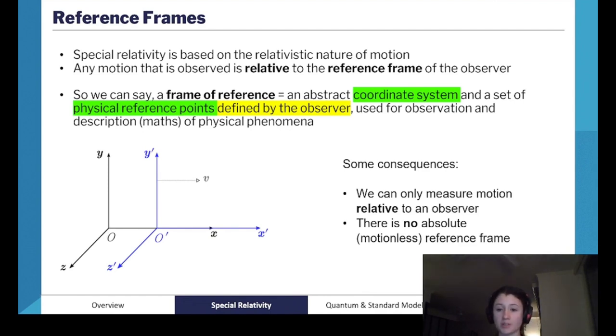An interesting example of this, before I quickly move on to the next topic, is the classic example of a box moving through space.